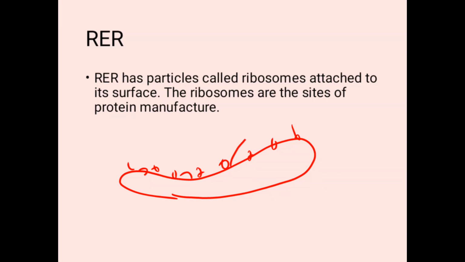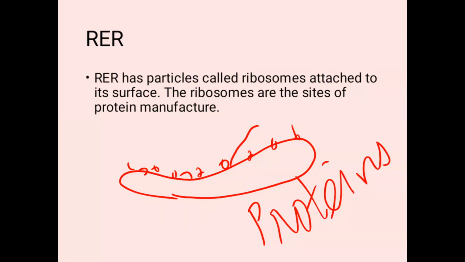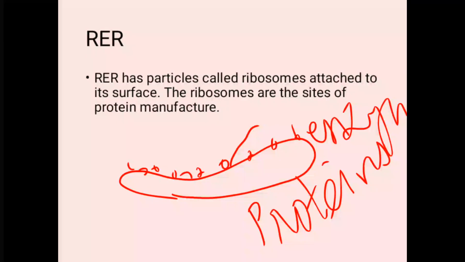Mostly these ribosomes synthesize proteins. These proteins are responsible for producing enzymes. The rough endoplasmic reticulum has ribosomes. If there are ribosomes, definitely its function is protein synthesis. If it is synthesizing proteins, as a result we get enzymes.